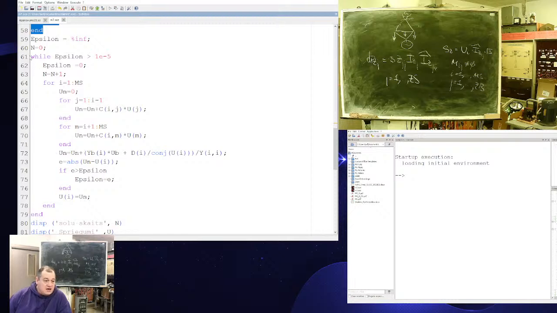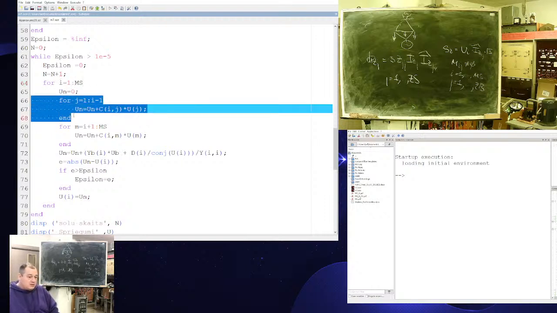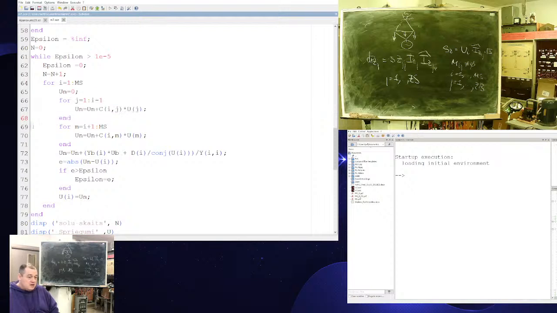What do we see here? Repeat until precision is reached. Number of this iteration. This part. For each node, sum number 1 from the Seidel, sum number 2, and this part.